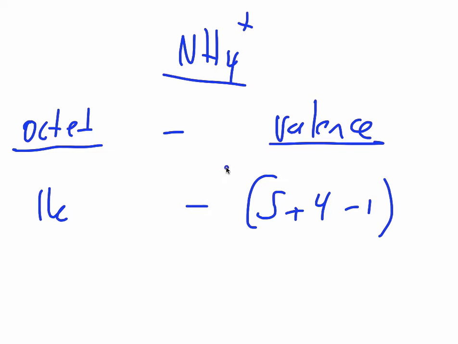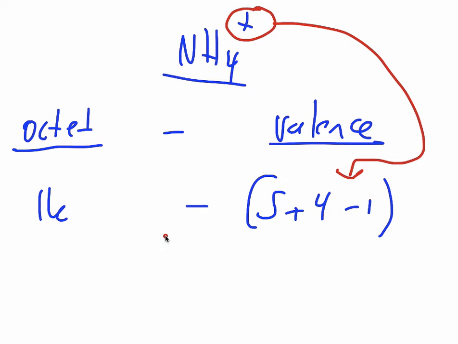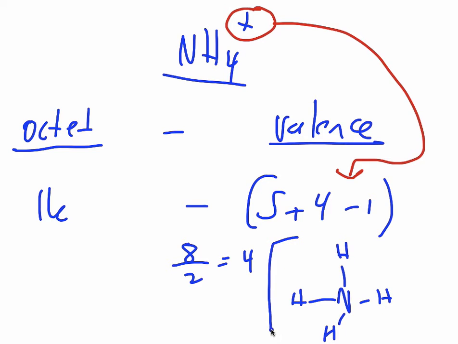Okay, that plus charge gets translated into a minus 1 because remember, losing electrons is a positive experience. So that becomes 16 minus 8, which is 8. So 8 divided by 2 equals 4. So it's simply NH, H, H, H. And we put it in brackets. Anytime you have an ion or molecule with a charge, we're going to put it in brackets. Okay? Or you could just say plus. And the shape of that's going to be tetrahedral.